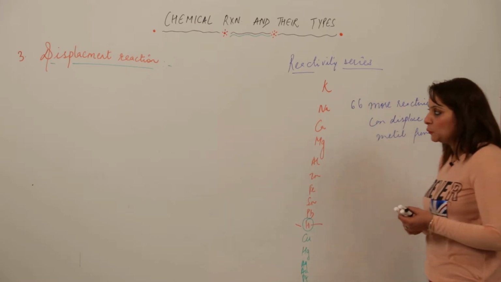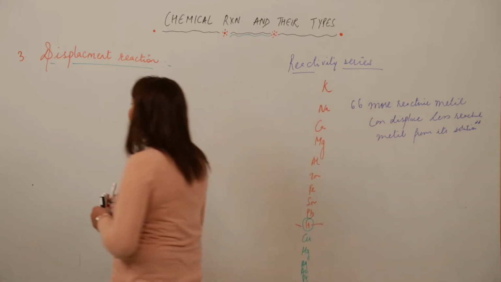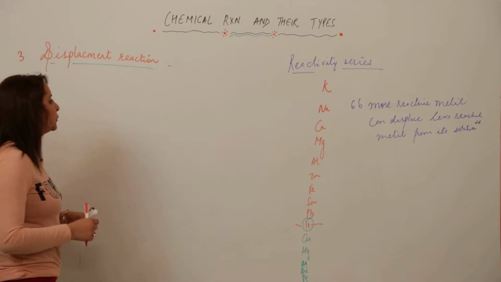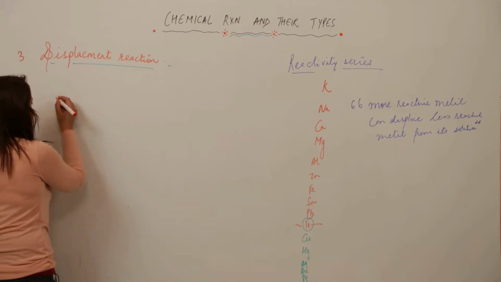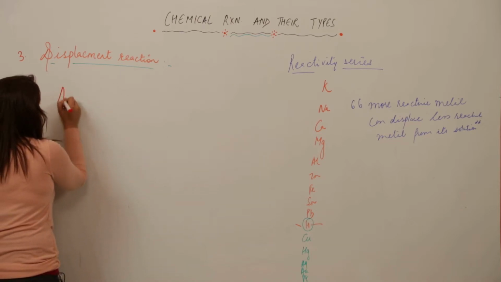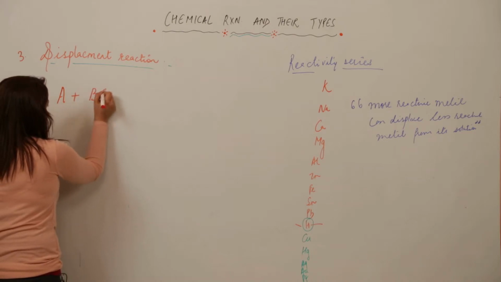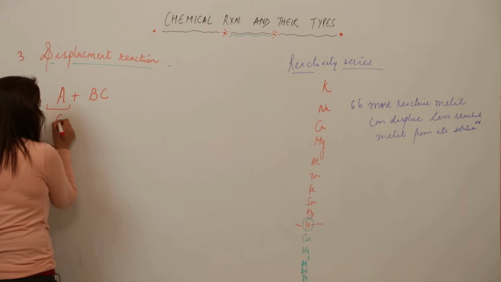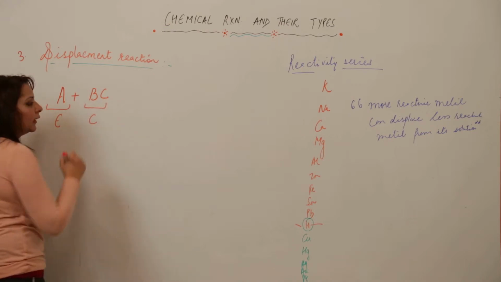Now just look at the board carefully at how we are using this reactivity series in the displacement reaction. First of all, I will write a general equation involved in displacement reaction. See, it is a reaction between an element and a compound, right. This reaction will occur only when there is an element and a compound.